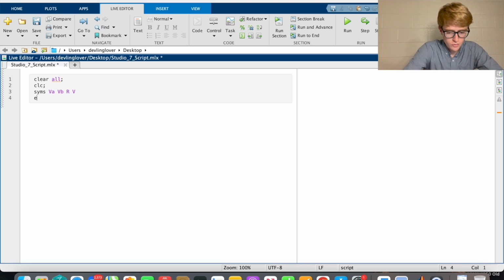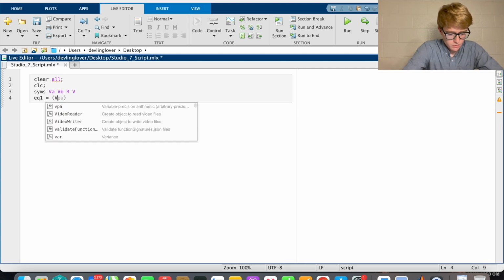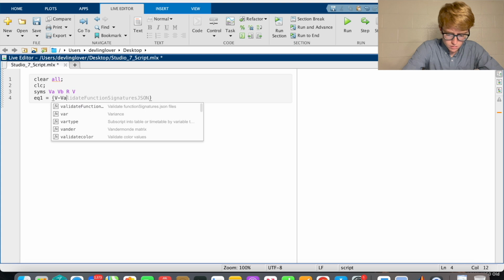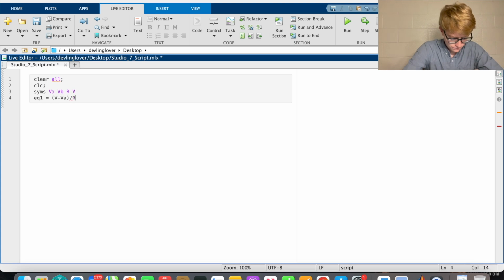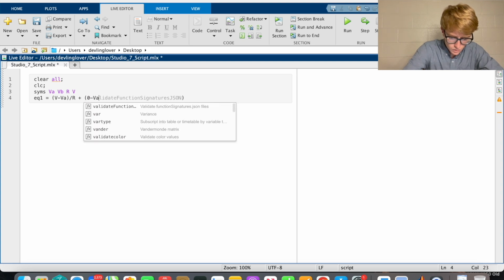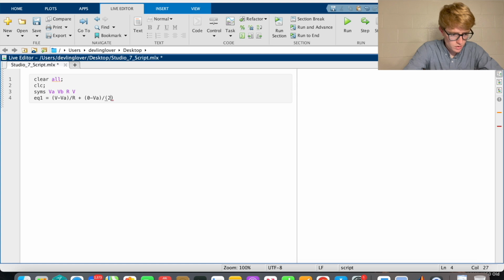Okay, so let's write out our first equation. So our first equation is V minus VA over R plus 0 minus VA over 2 times R, and then plus VB minus VA over R. All of that equals 0.